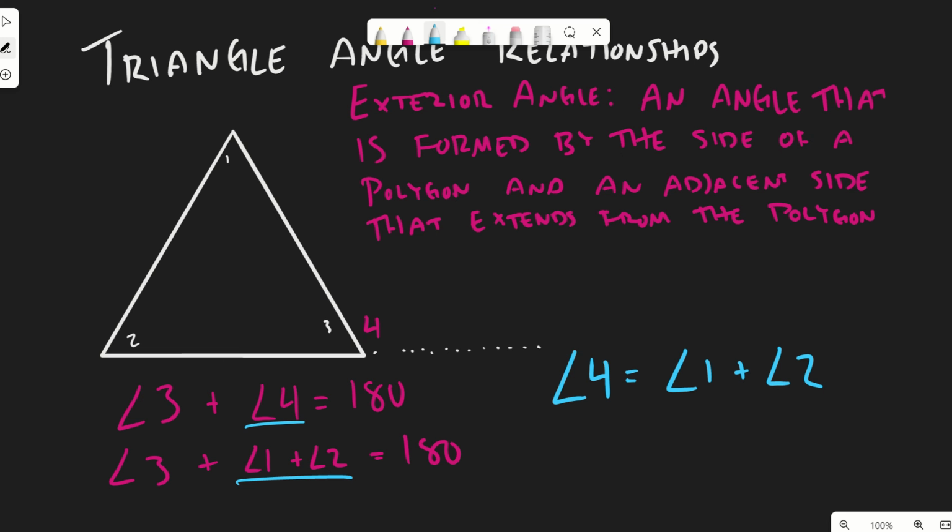So whatever angle 4 is, that's angles 1 and 2 together, and whatever angles 1 and 2 are, that's the measure of angle 4. I can even figure this out if I don't know what angle 3 is.